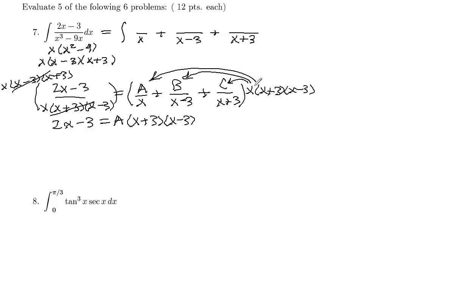So we're just going to have x and x plus 3 left along with that b. So plus b times x plus 3. And then when we multiply this in times the last term, the x plus 3's are going to cancel. We'll have an x and x minus 3 and that c left. So c times x times x minus 3.